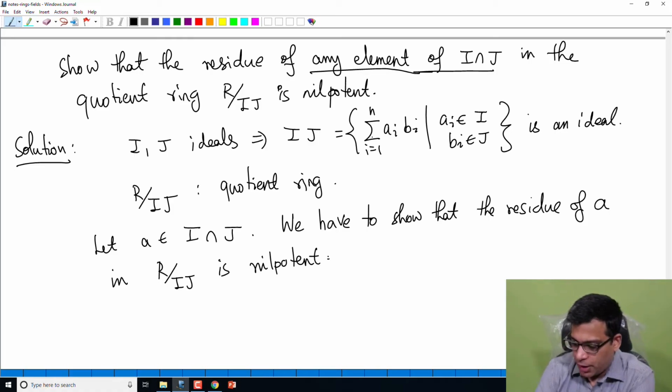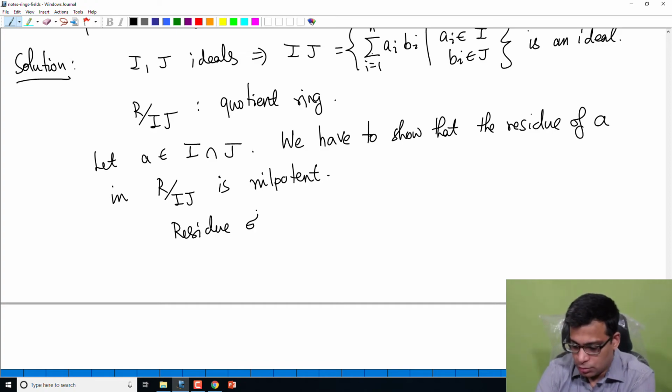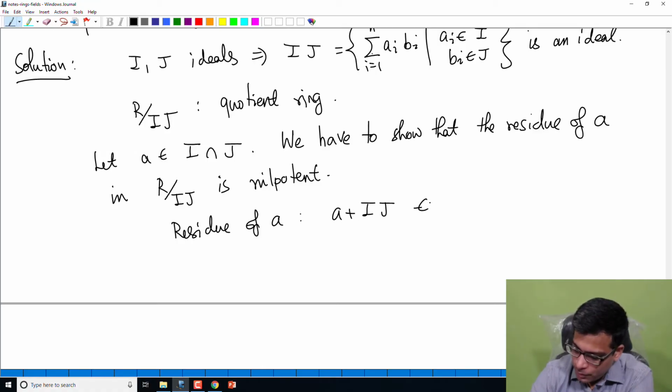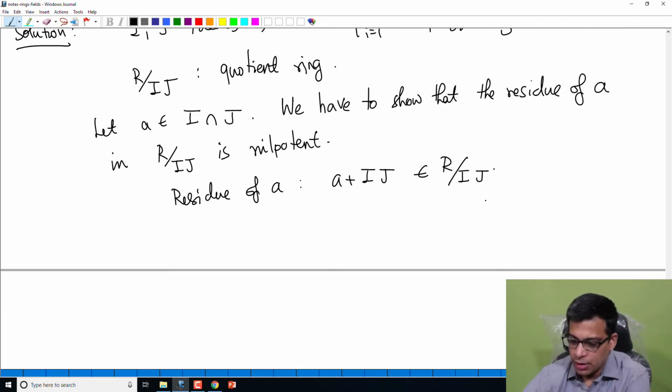Residue is denoted by A bar, but remember it is the coset of A. So the residue of A is A plus IJ, and this is an element of R mod IJ. Remember, the quotient ring as a set consists of all left cosets under the operation of addition. Finally, what is nilpotent? This is something I defined in a previous video.